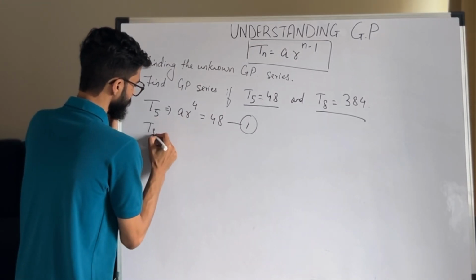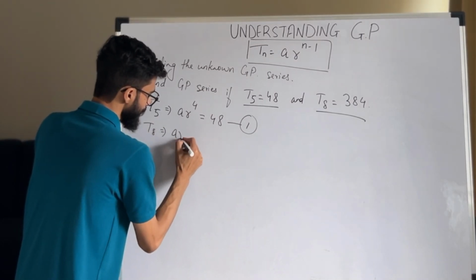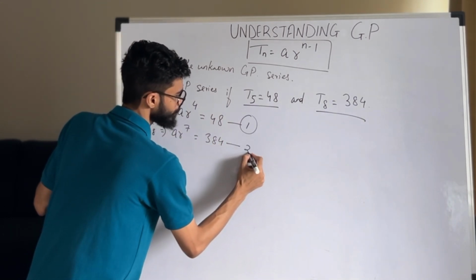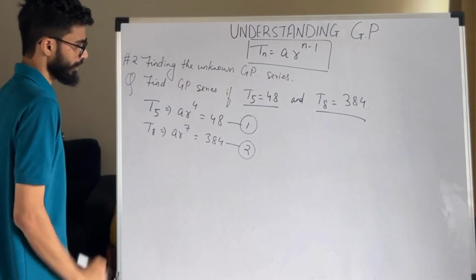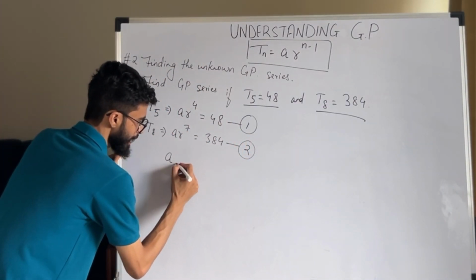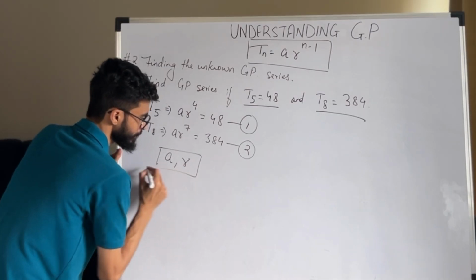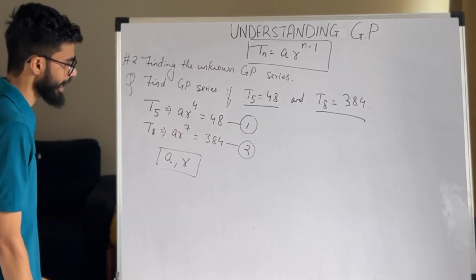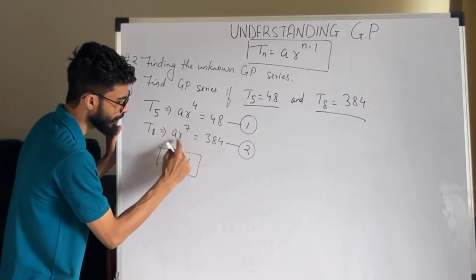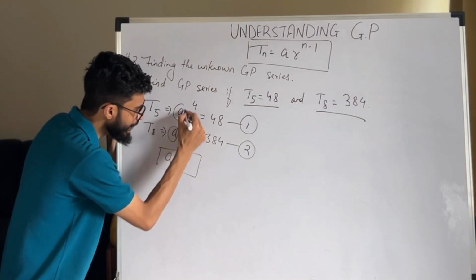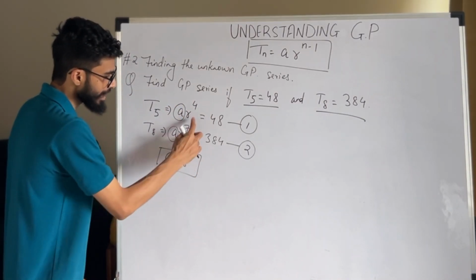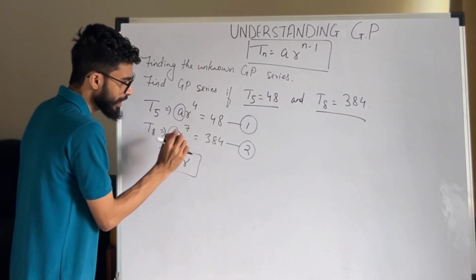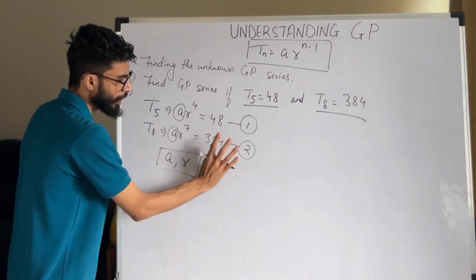Now T8 is nothing but A R raised to 7 equal to 384. Now I need to find A and R here. If I divide equation 1 by equation 2, this A and A will get cancelled, and for R, I can apply the law of indices and I will get an equation in R raised to some power equal to a value.